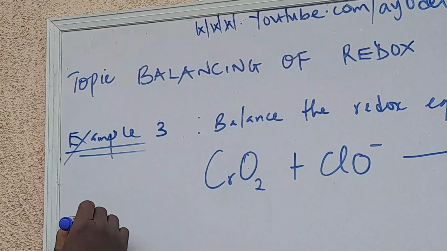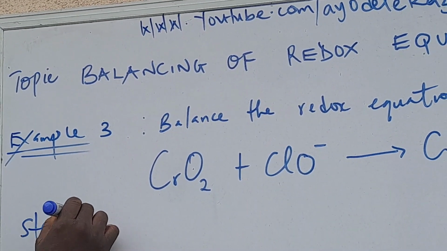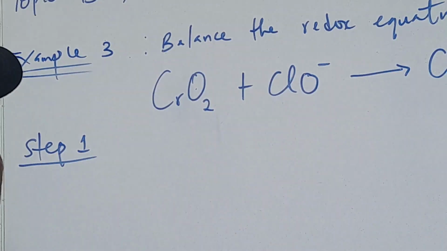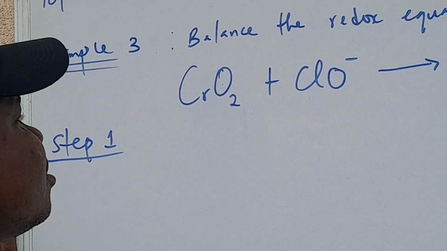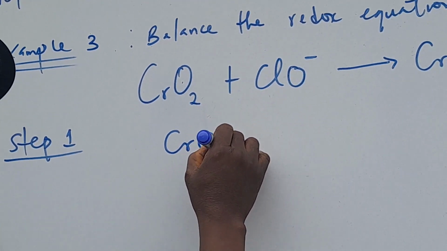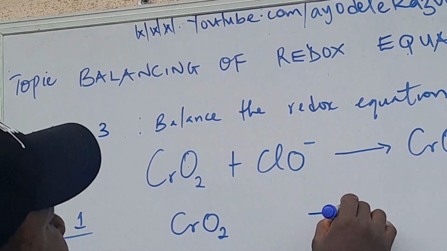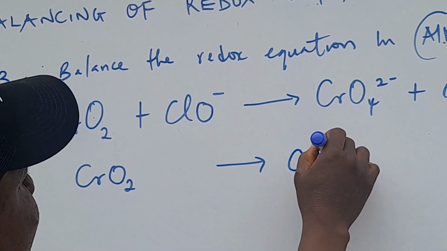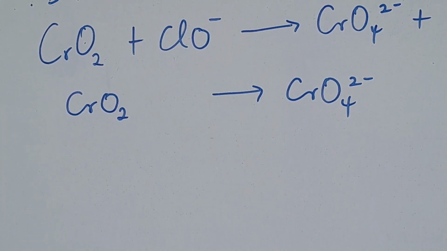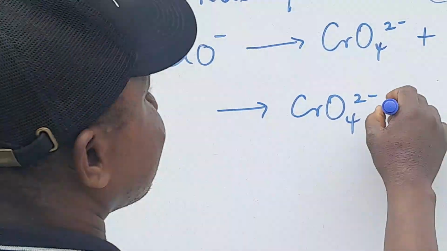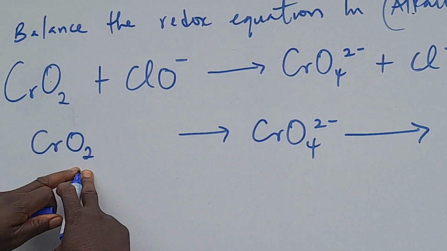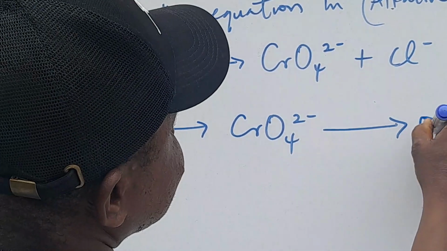The first step, let's look at step 1. Step number 1, the first thing to do is to identify oxidation and reduction. This is what? Oxygen is increasing. That's oxidation.